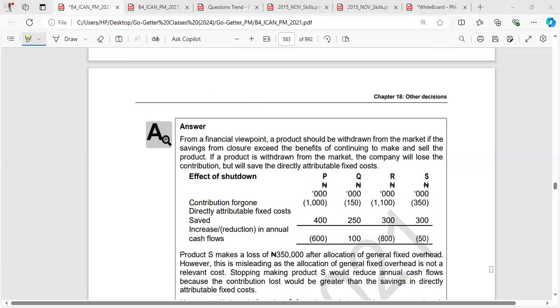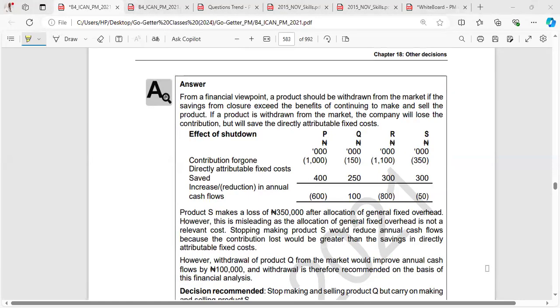From a financial point of view, a product should be withdrawn from the market if the savings from closure exceed the benefit of continuing to make and sell the product. If a product is withdrawn from the market, the company will lose contribution. So contribution is forgone.